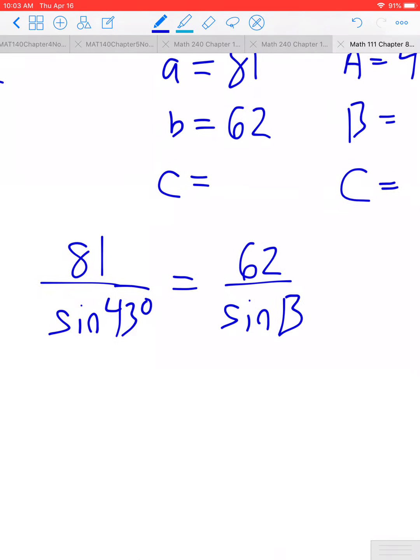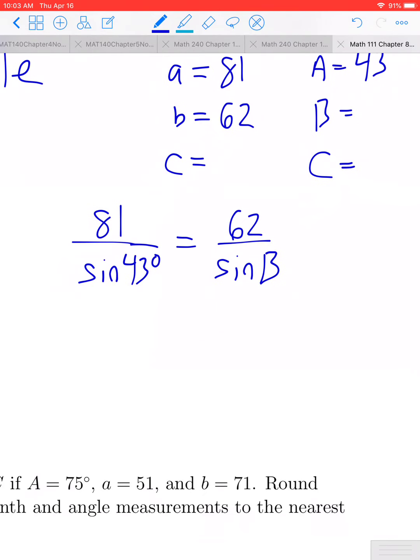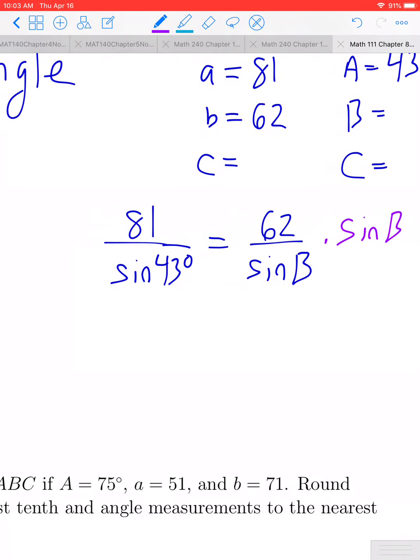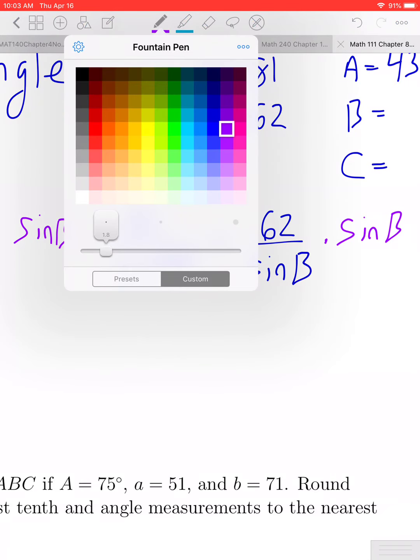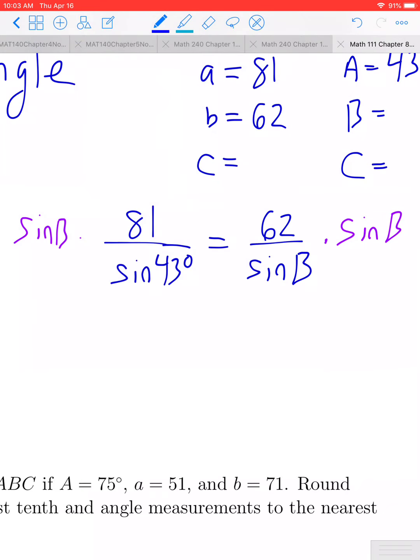In order to solve for angle B, I first need to get b out of that fraction. So we can begin by multiplying both sides by sine B. If we do that, this is going to give us sine B times 81 over the sine of 43 degrees would be equal to 62.